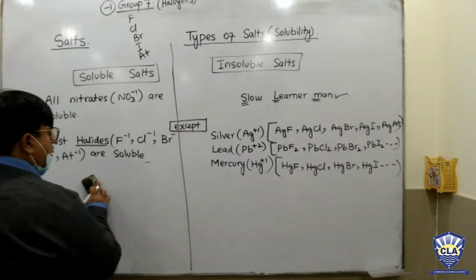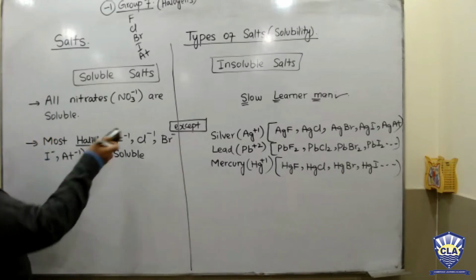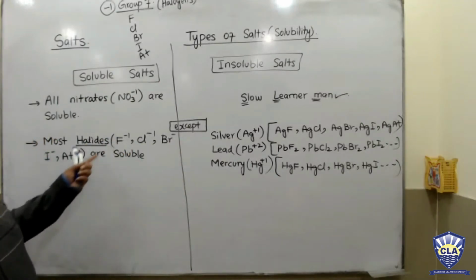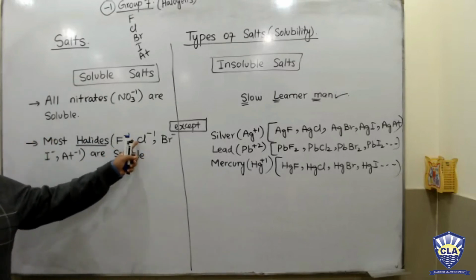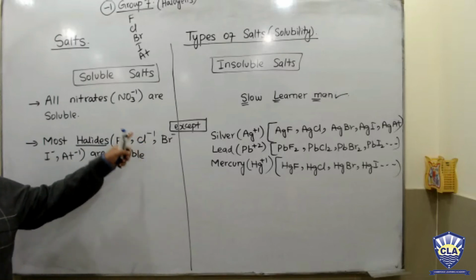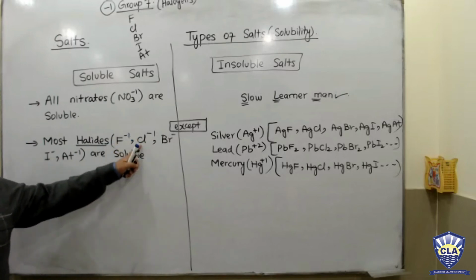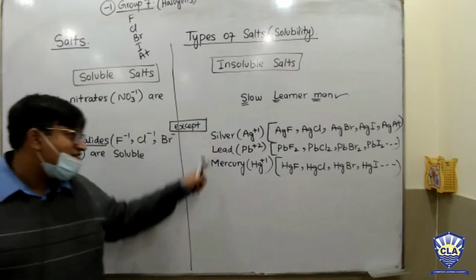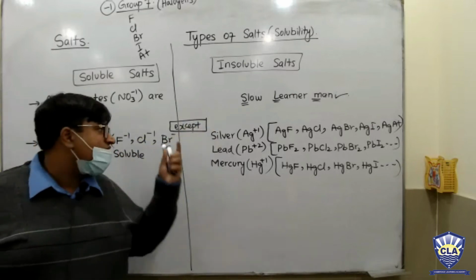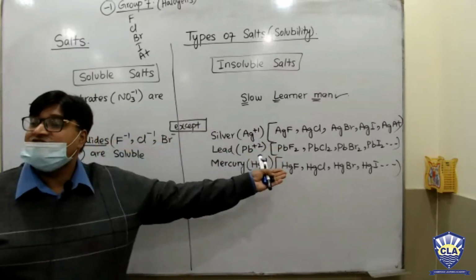Otherwise, all the other metals attached with the halides are soluble: iron chloride soluble, copper chloride soluble, sodium chloride soluble, calcium chloride soluble, barium chloride soluble, magnesium chloride soluble. Only these metals, attached with the halides, are insoluble.